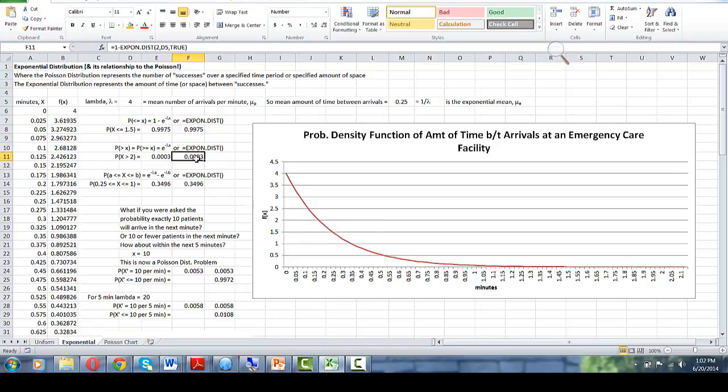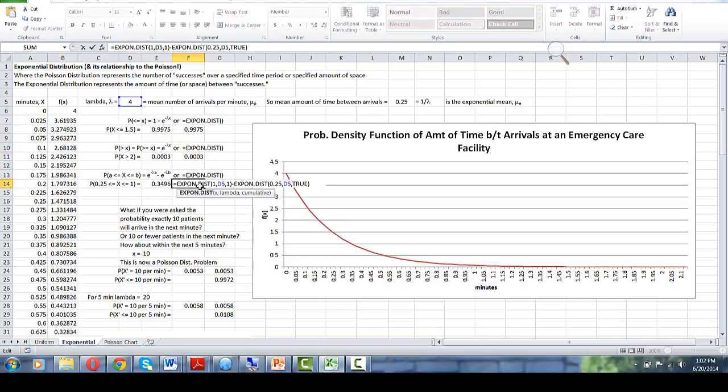All right, and so then for the greater than, you'd have 1 minus the cumulative. And this is a little confusing here because you're dealing with cumulative. You're taking the largest cumulative minus the smallest cumulative.